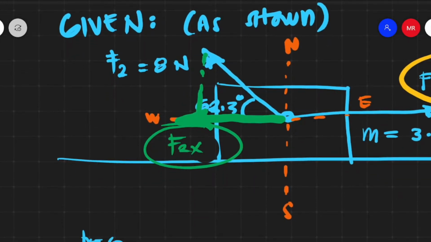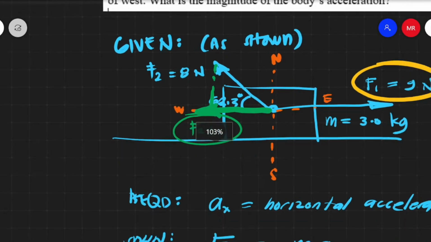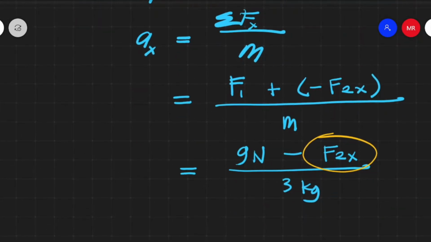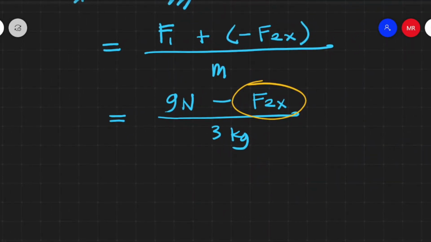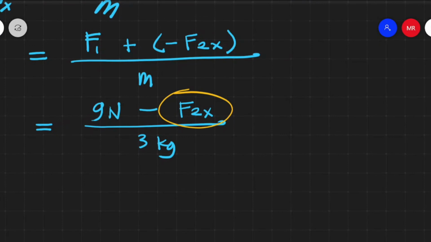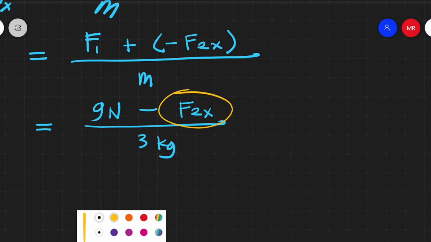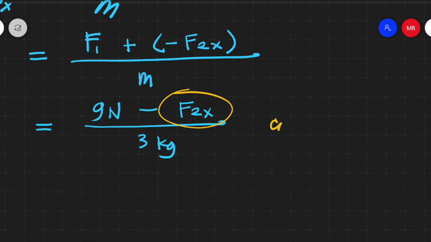We need to use cosine of this angle to get F2x, because cosine 62.3 degrees is the adjacent side F2x all over the hypotenuse, which is F2.